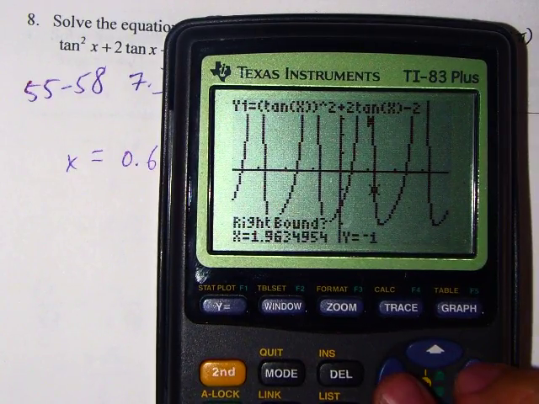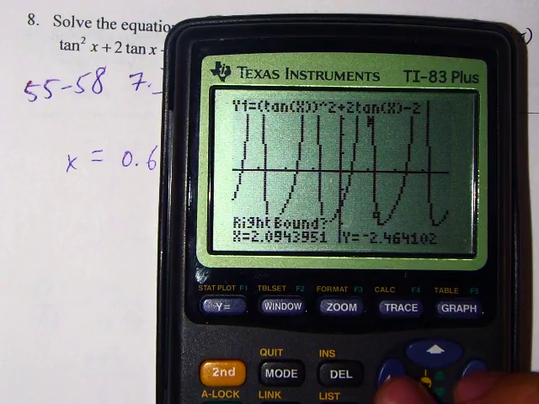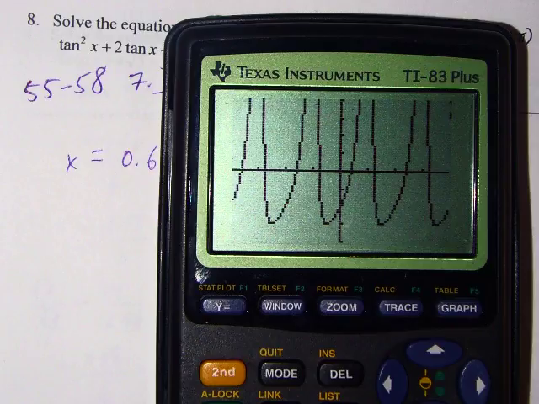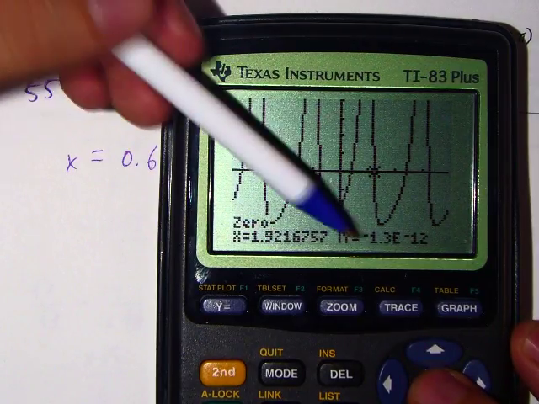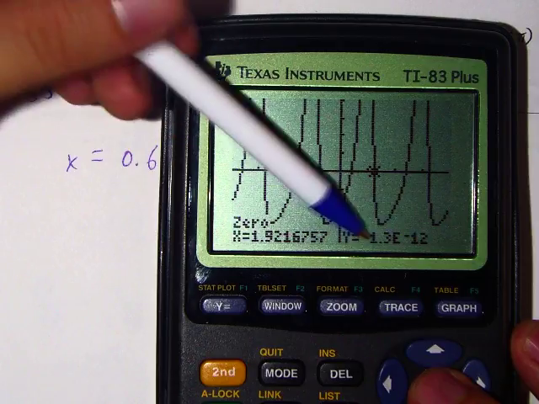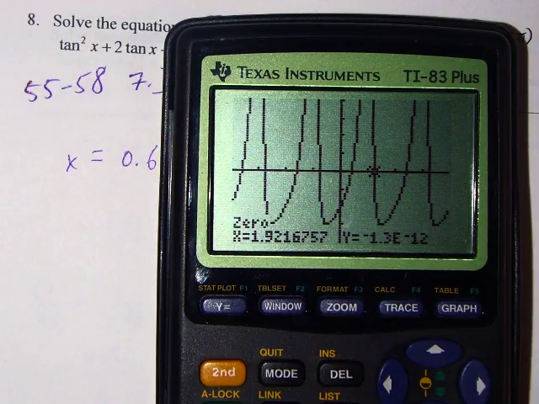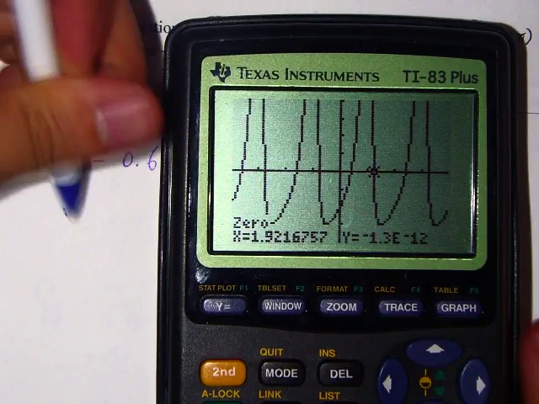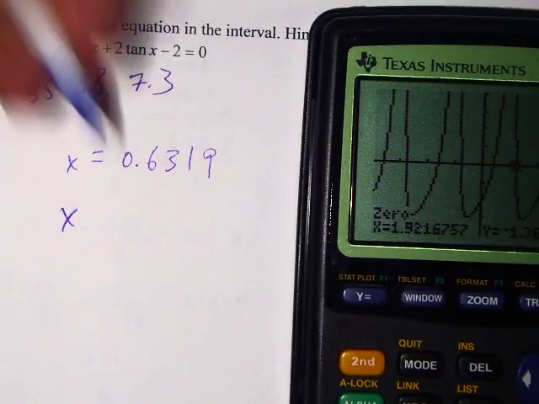A value that's right, we'll guess in between. My value again is very close to 0, that's 1.3 with 12 zeros before it, so that's basically 0.